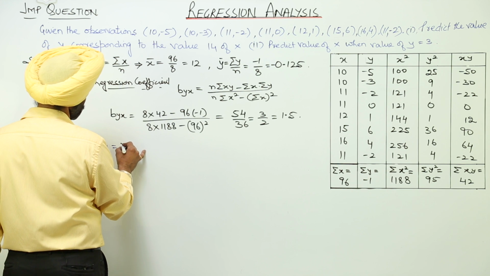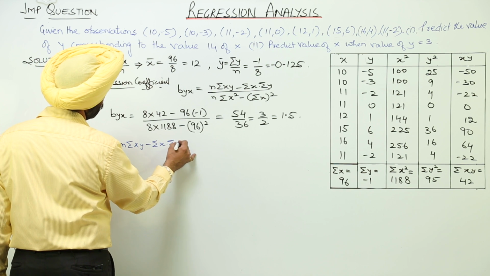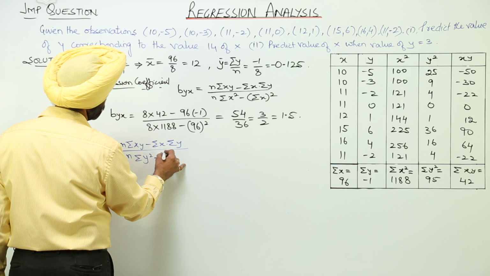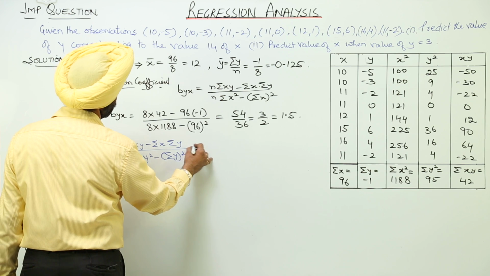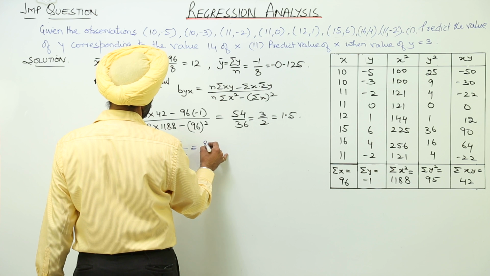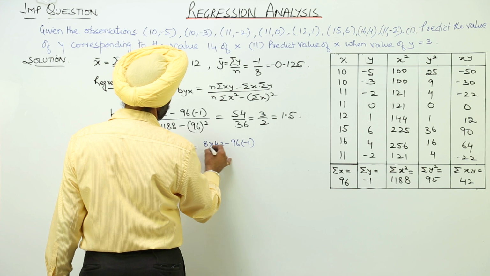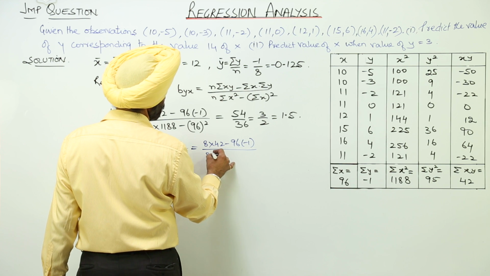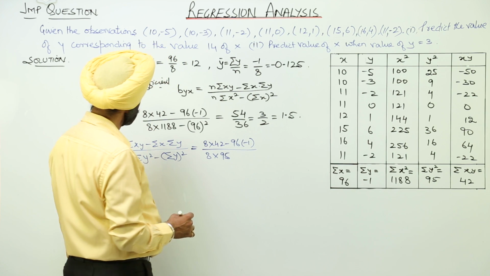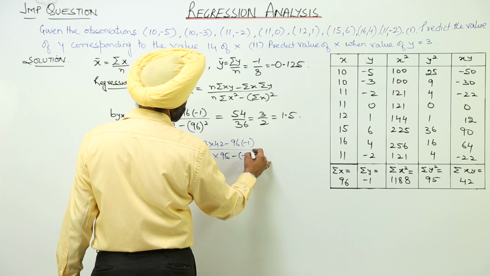Now, bxy is n times summation of xy minus summation of x summation of y, upon n times summation of y square minus whole square of summation of y. Now let us substitute the values. 8 with 42 minus 96 with minus 1, upon 8 times 95, summation of y square, minus 1 whole square.